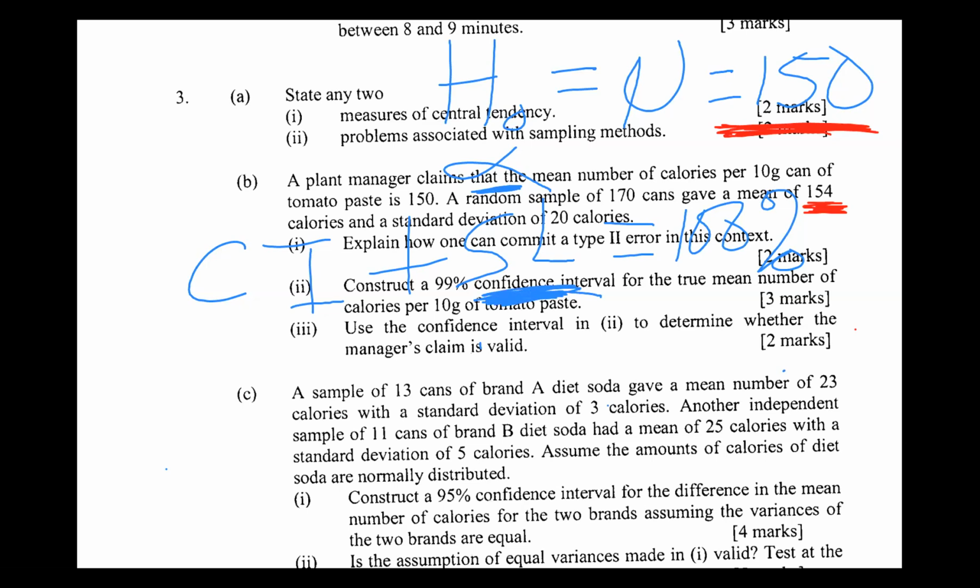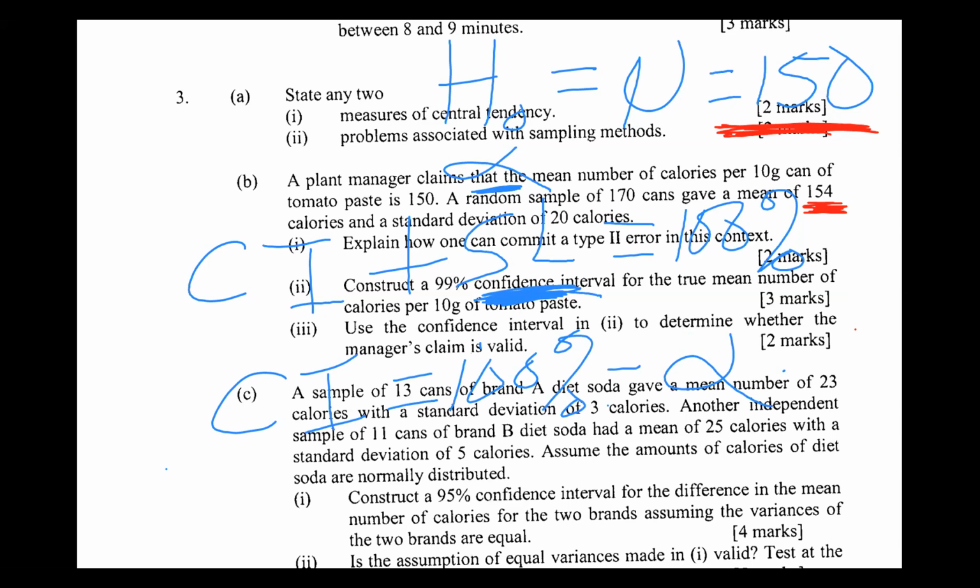The confidence interval shall be 100% minus the significance level, which is our alpha. That will be our confidence level.